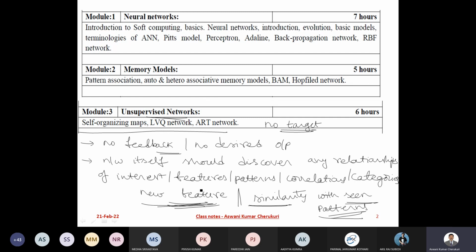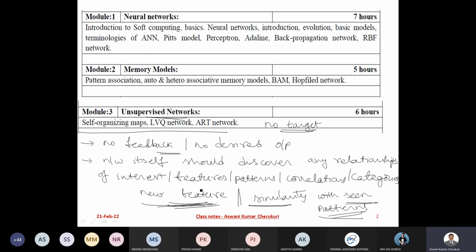When you calculate the similarity based upon the seen patterns, this new feature will settle down to one of the categories, right? Either first category or second category. That means one of the neurons will give you an output, correct? So when one among them is giving the output, means what?